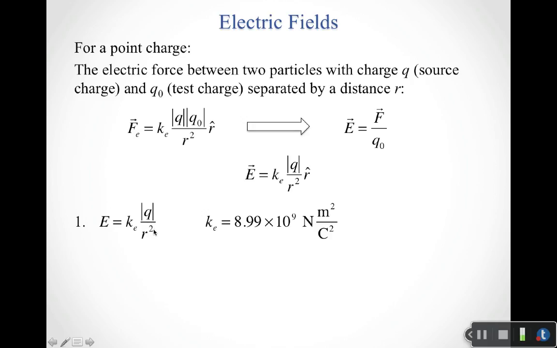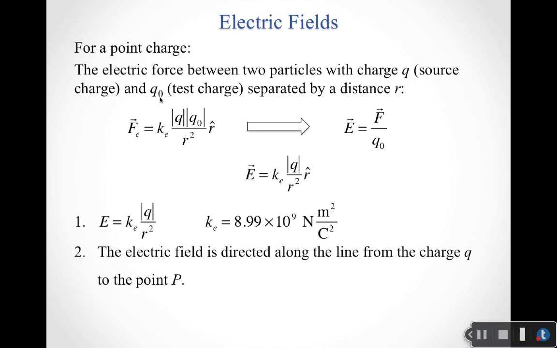So r has changed when we've divided out Q naught. It's no longer the distance between Q and Q naught, it's now the distance between Q, your source charge, and the point P, which is where you're placing Q naught. All right, so that's what's going on with magnitude.